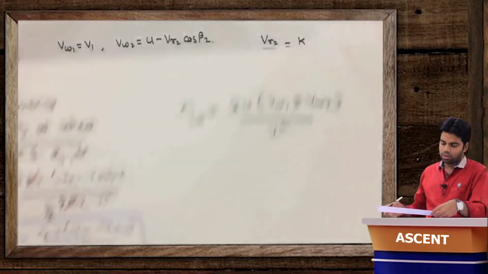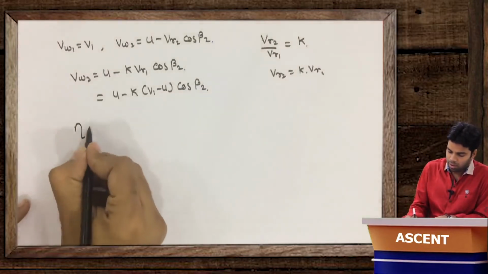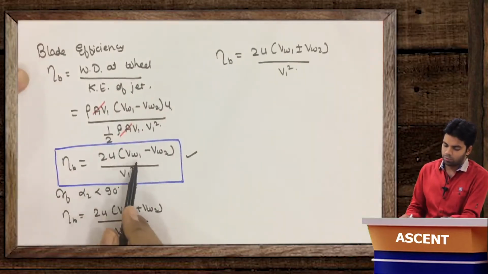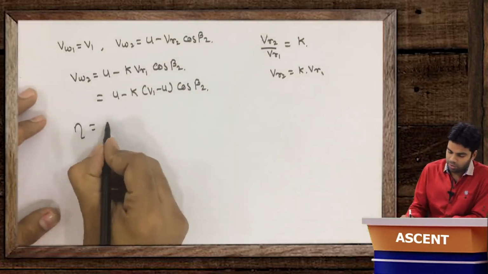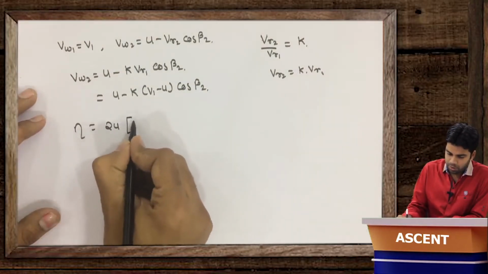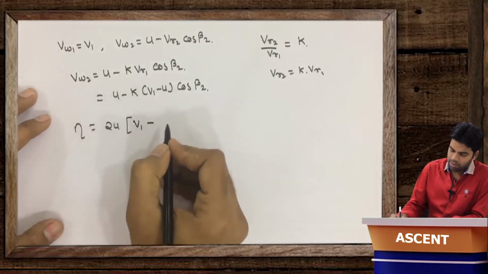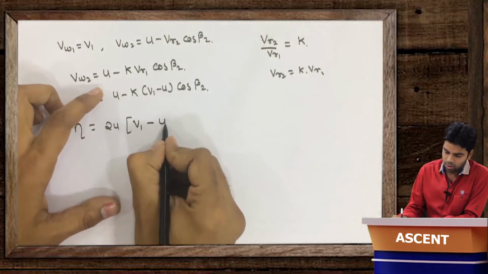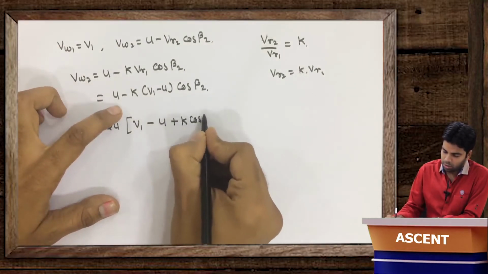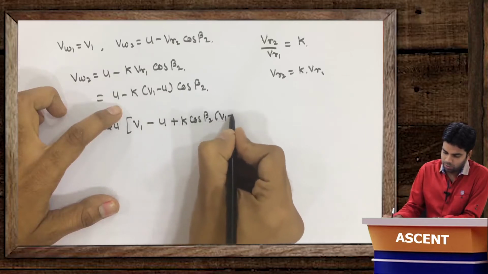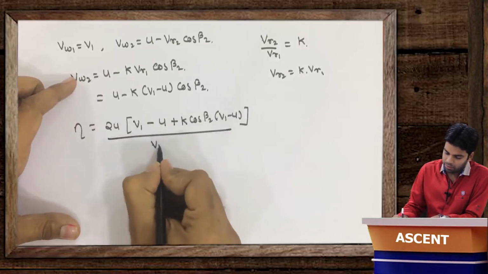Efficiency is equal to 2U (VW1 minus VW2) by V1 square. Just put the value and we will get: 2U, VW1 is nothing but V1, minus VW2, which is U minus K cos beta 2 into (V1 minus U), divided by V1 square.